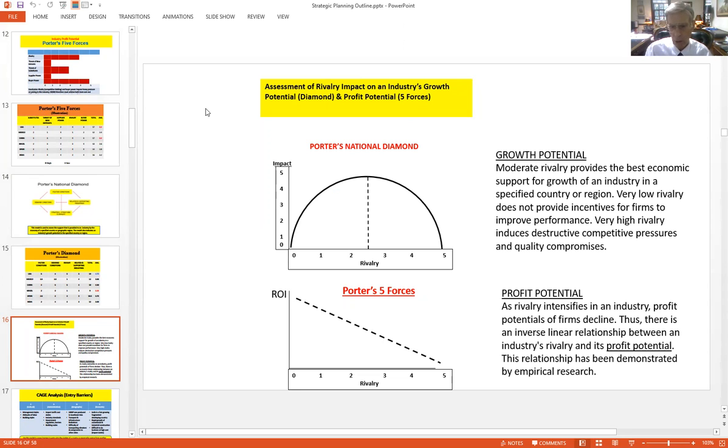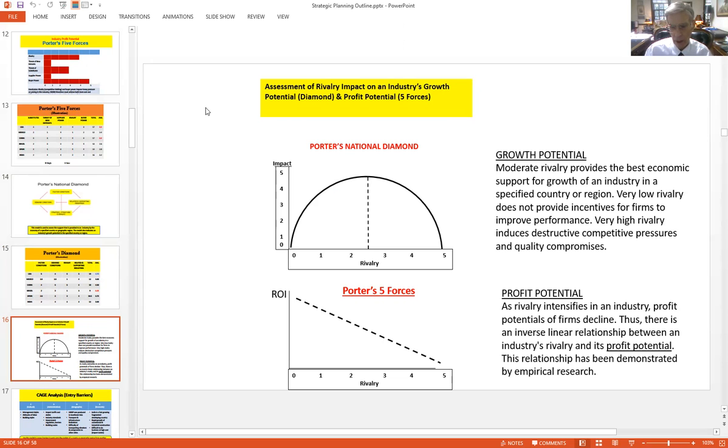But at some point, if rivalry gets too high, if it goes past the midpoint in this chart, what's happening is that companies are taking short-term measures, making compromises, perhaps in quality, in order to maintain their market share or their profitability.